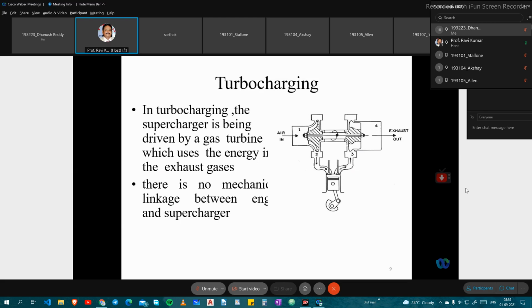Heat exchange takes place, pressure and temperature increase, and the air goes into the combustion chamber for very good combustion. There is no mechanical linkage between the engine and supercharger.